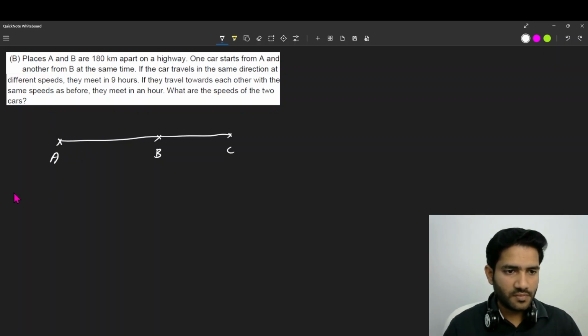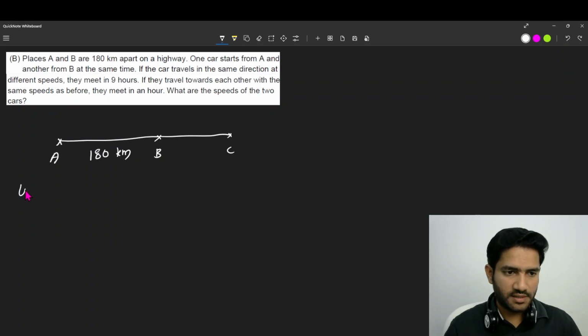The places A and B are 180 km apart. So that means distance between A and B is equal to 180 km. One car starts from A and another car starts from B. Okay, is it clear? So we want to find speed.